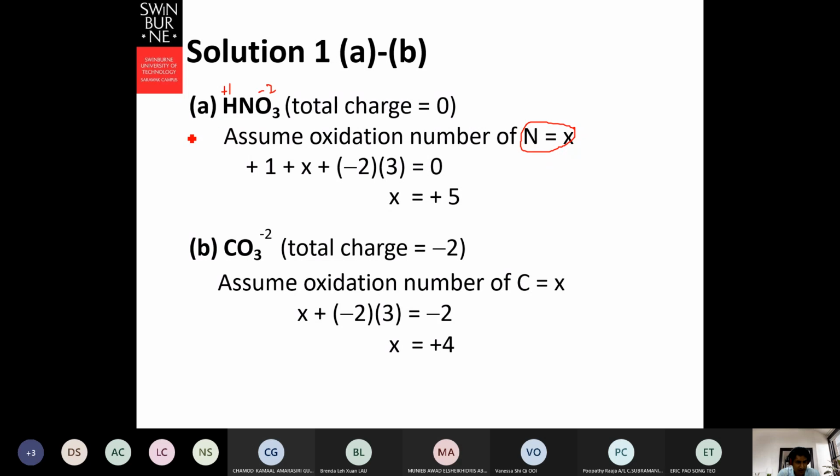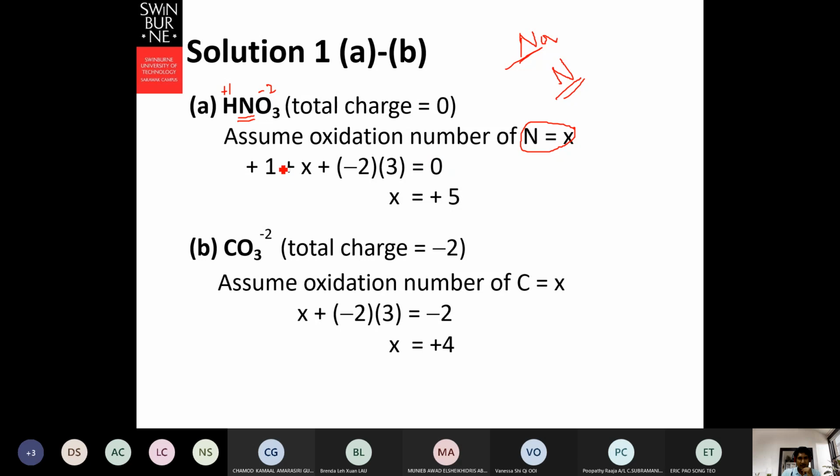Hydrogen is always +1, if it is not with lithium, sodium, or potassium. Otherwise, it will be negative 1. Since it is not with sodium, it is N, not Na. Nitrogen and sodium, two are different things. This is sodium or natrium, and this is nitrogen. Don't be confused.